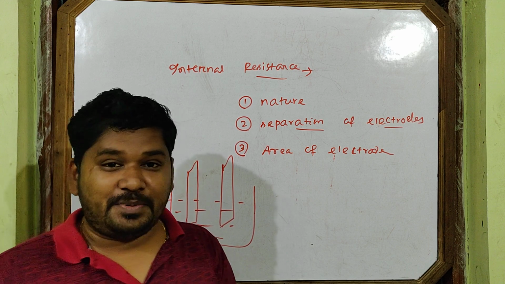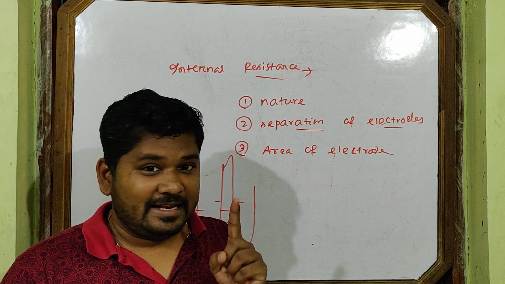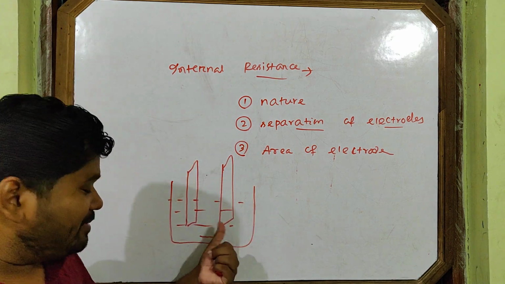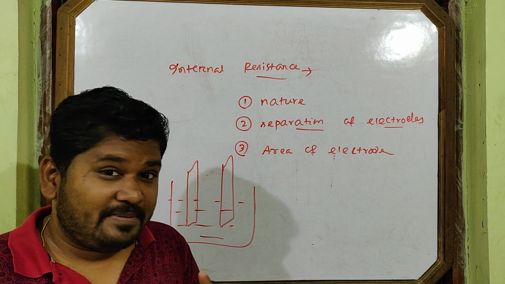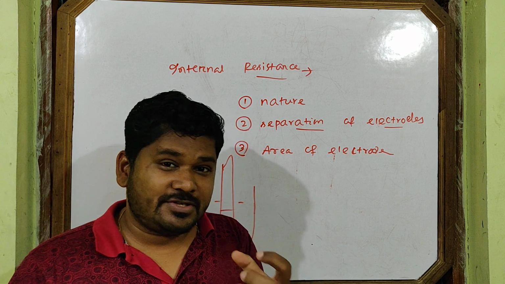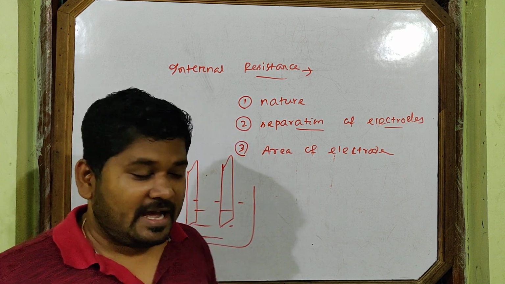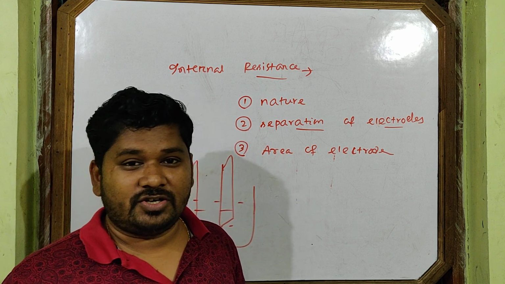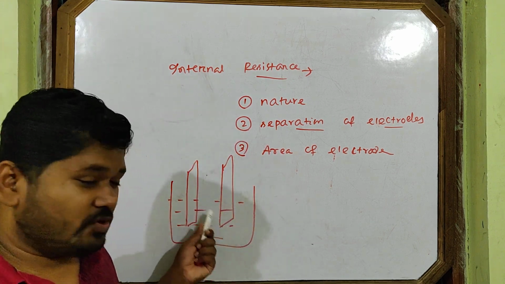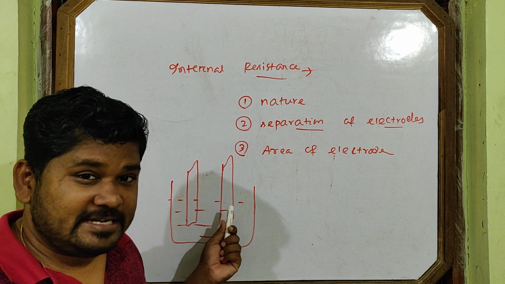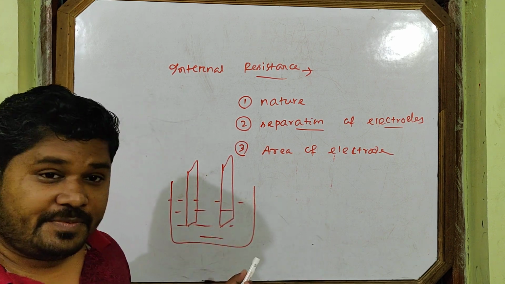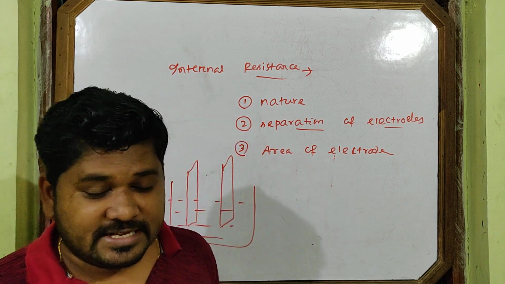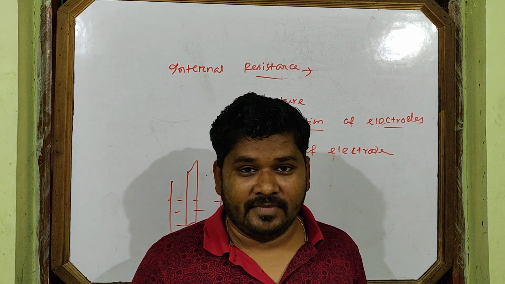More is the area of electrode, less is the internal resistance. If area is more, it facilitates the absorption of the ions. Ions can easily reach and touch the electrode if the area is more. So if area is more, internal resistance is less.